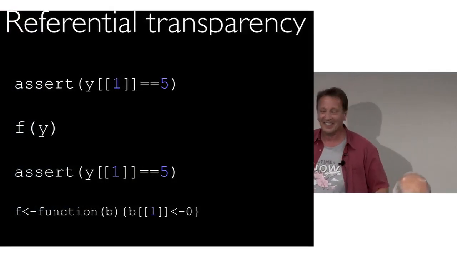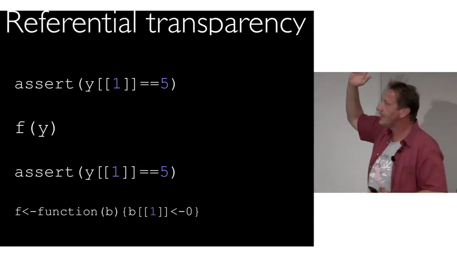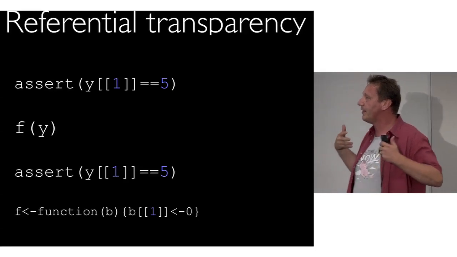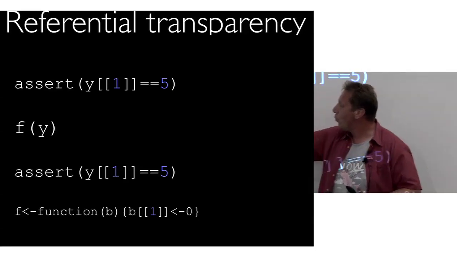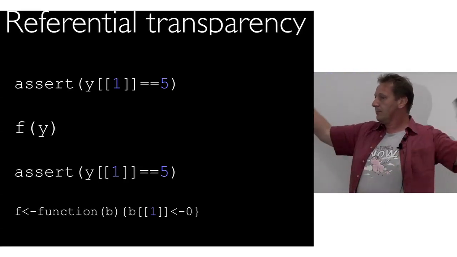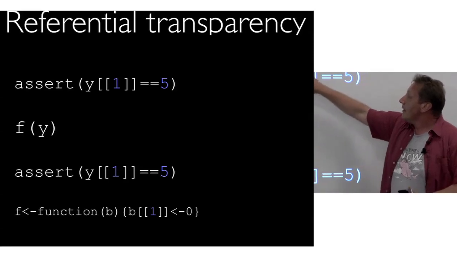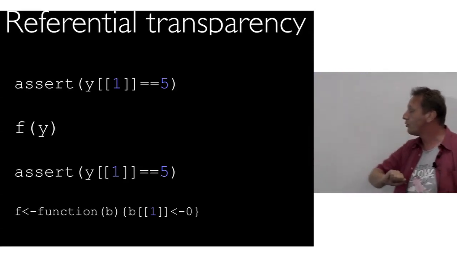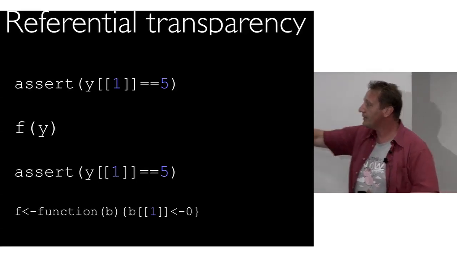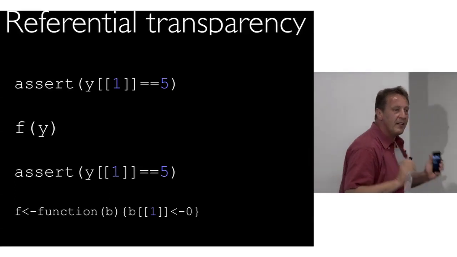Go complain. So it's also functional in the sense that it provides you with the property of referential transparency. So if I have y, which is some vector, millions of observations, call function f, well, any assertion that I make before the call to f will hold true after the call to f. So this gives you this notion of mathematical purity, right?